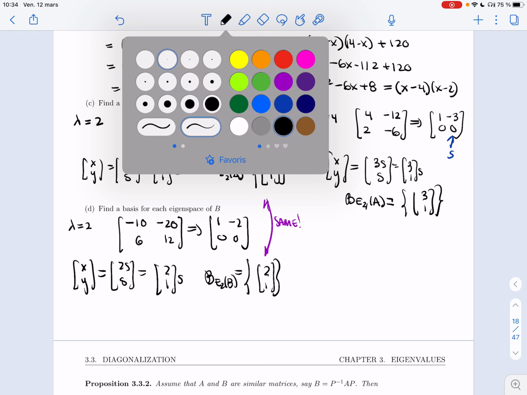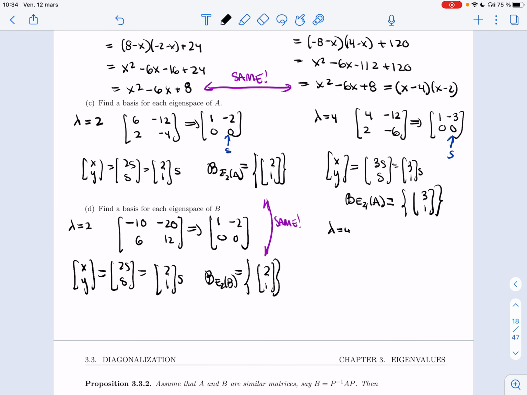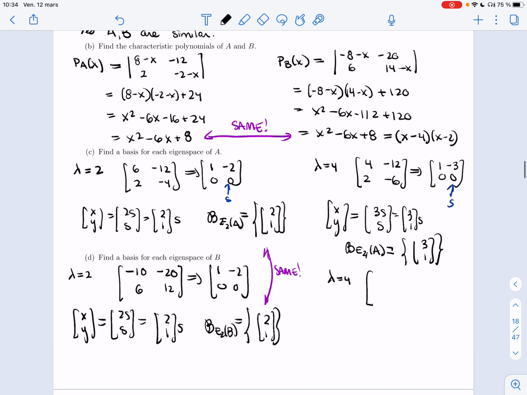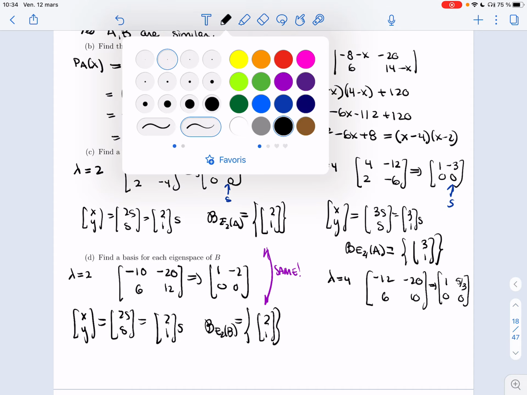Let's check lambda equals 4. For lambda equals 4, I would get -12, -20, 6, 10. That reduces to 1, 10 over 6, 5/3. Uh-oh, not the same.